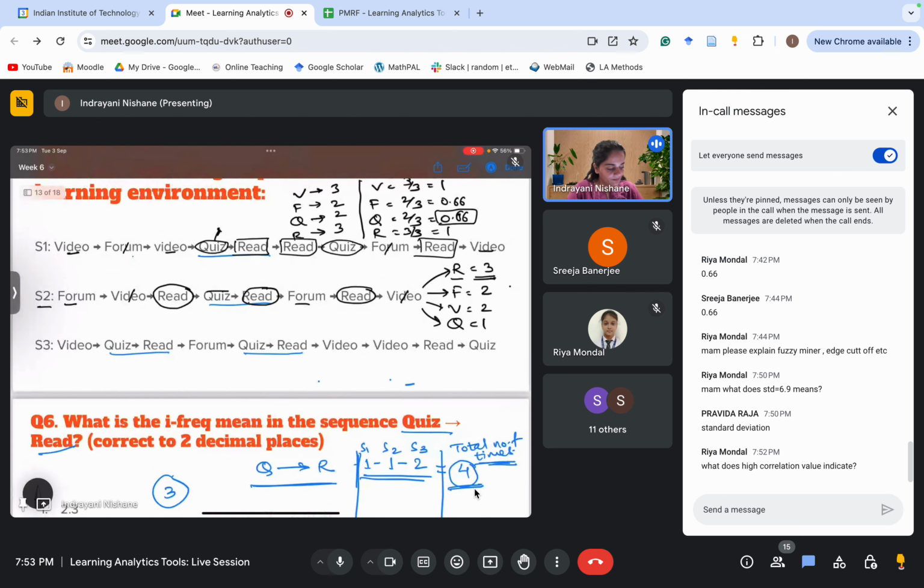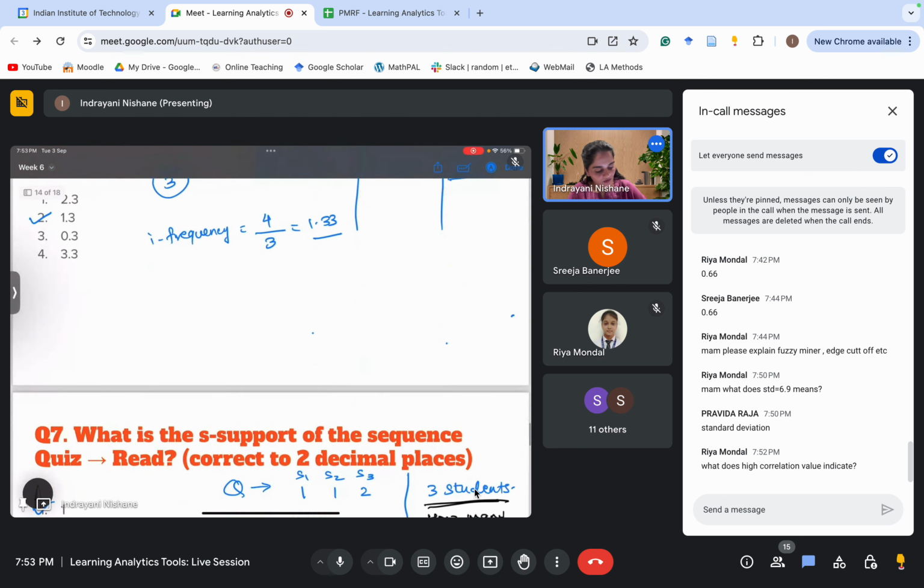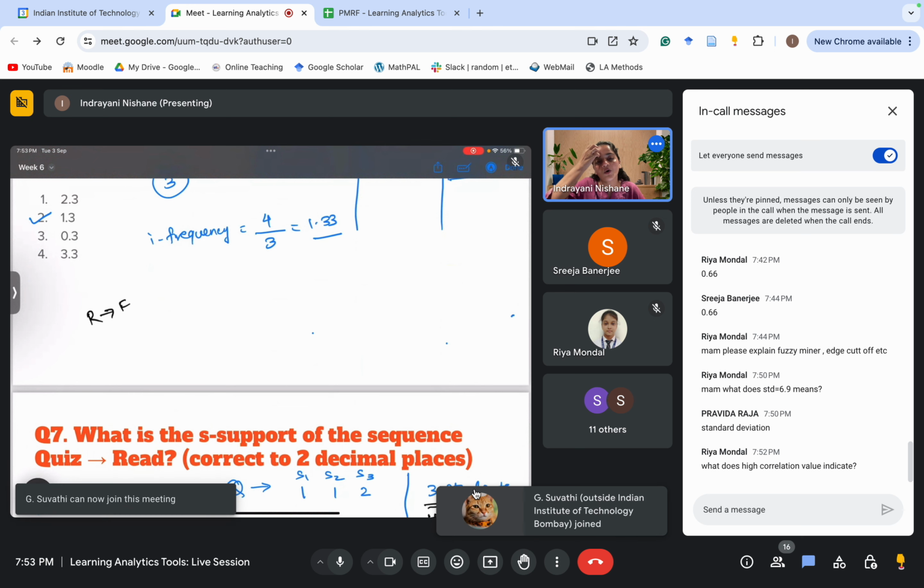Say for example, if our read to forum action is occurring for every student at least 5 times in the log data which we just saw, so in that case, okay, let me make it easier.